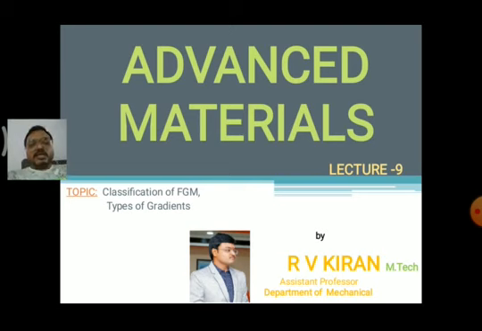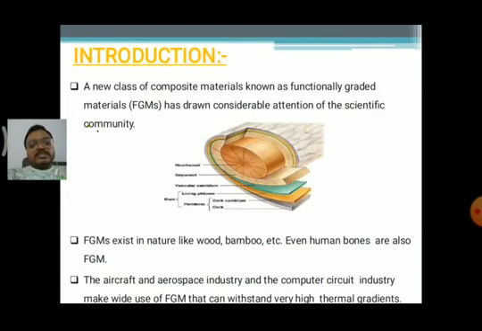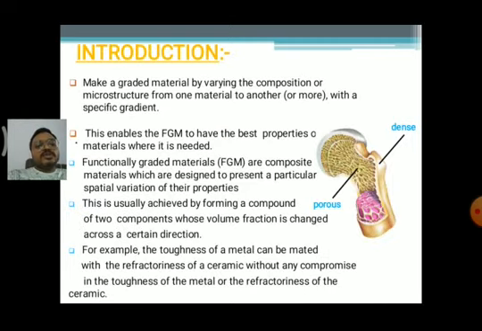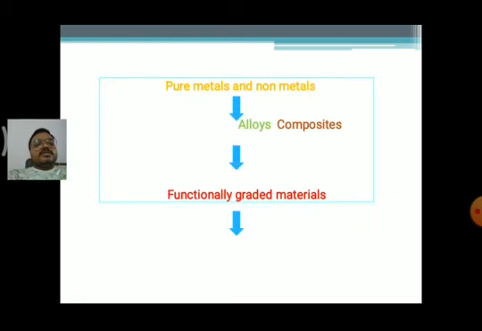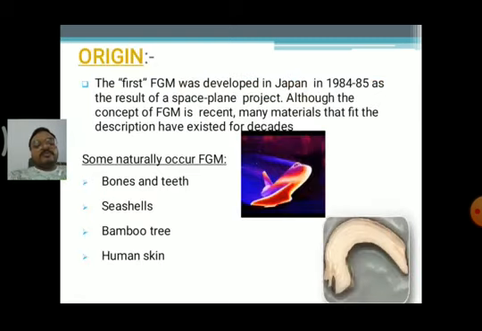In the last lecture we have already seen the introduction of FGMs. Why we are looking at FGMs instead of composites, what is the new class in the materials, what are the recent advanced materials among composites and alloys, and where they came from, that is the origin of the FGMs.